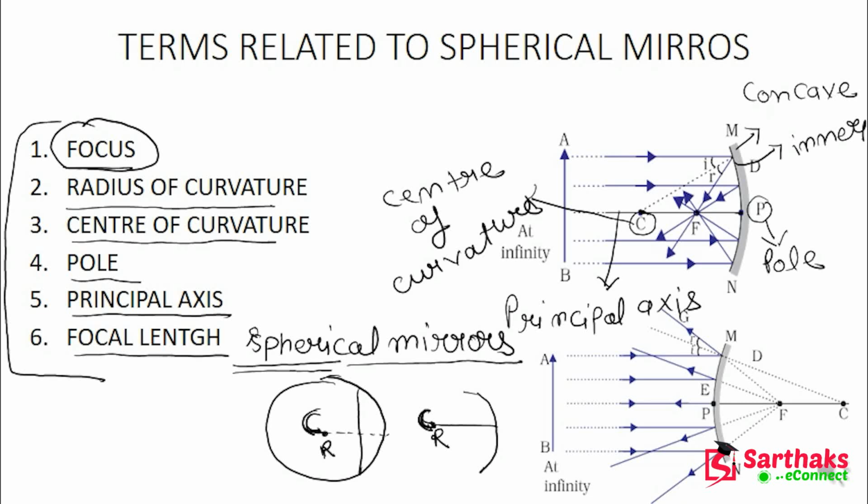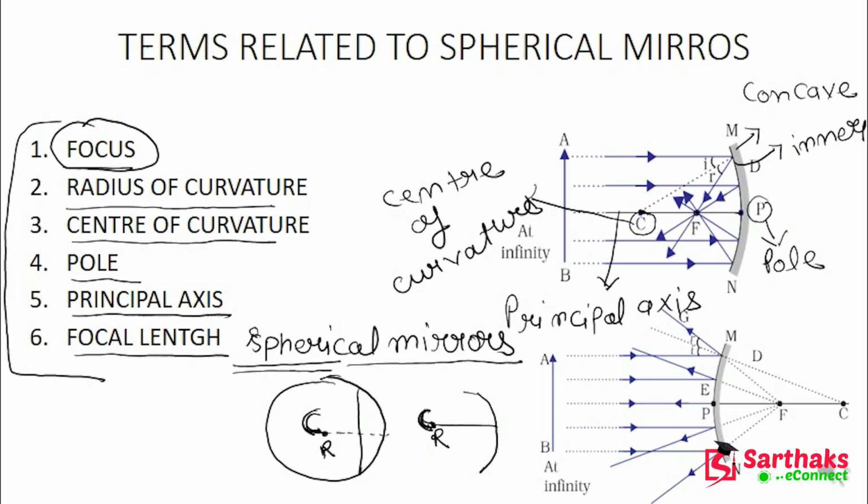Now let me tell you what is pole. The midpoint of this spherical mirror is the pole. And the line which connects the center and the pole is known as the principal axis. I already told you that.